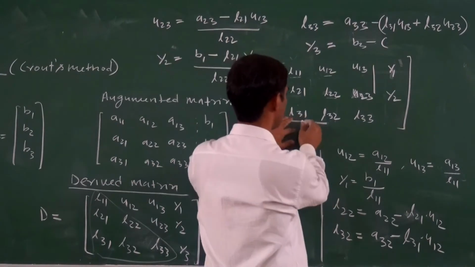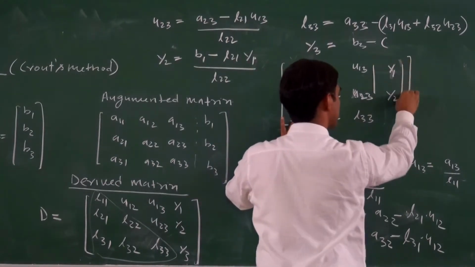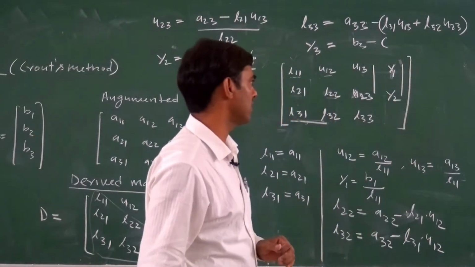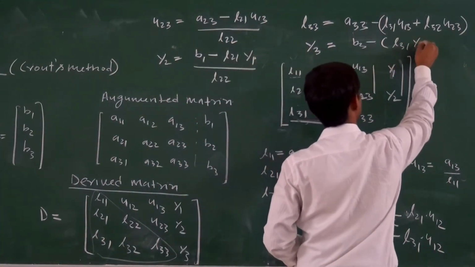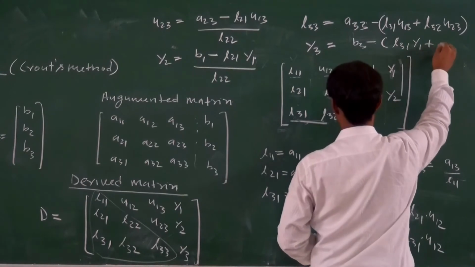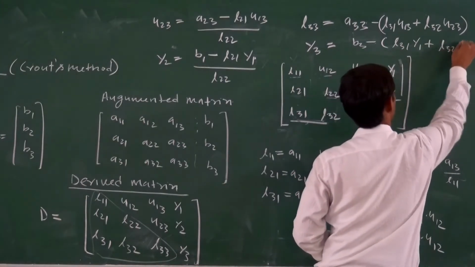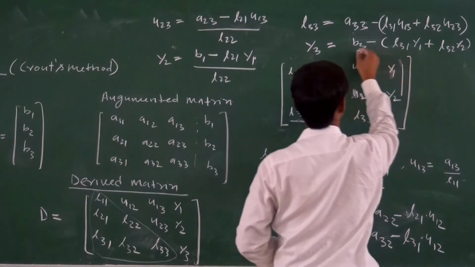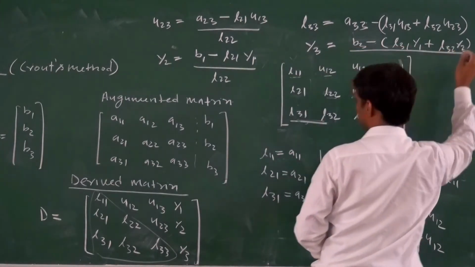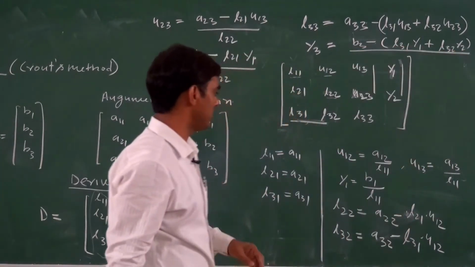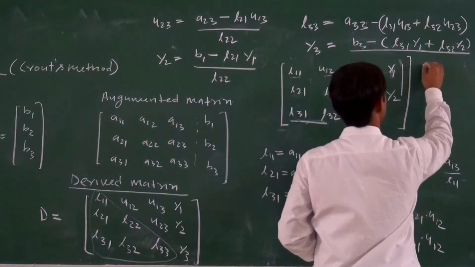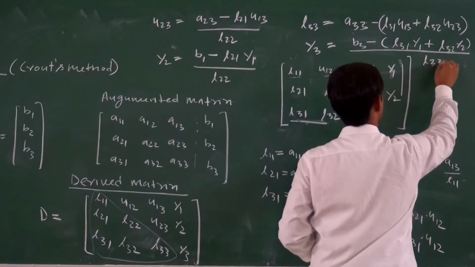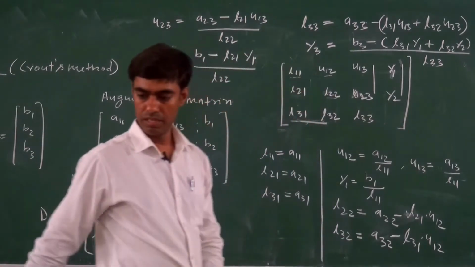So this one multiplied by the elements of this column: L31 y1 plus L32 y2, and the whole is divided by the leading diagonal element, and the leading diagonal element is L33.